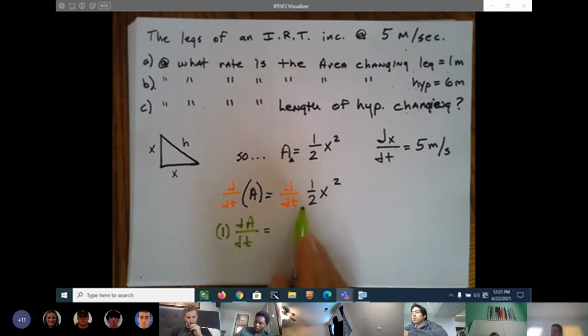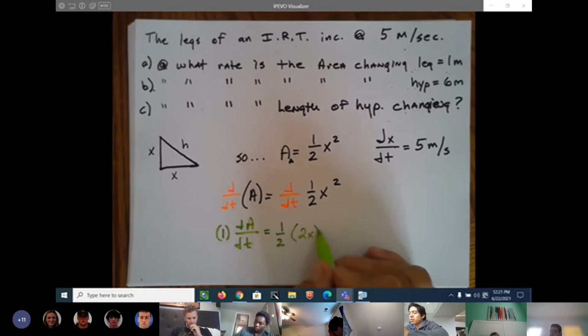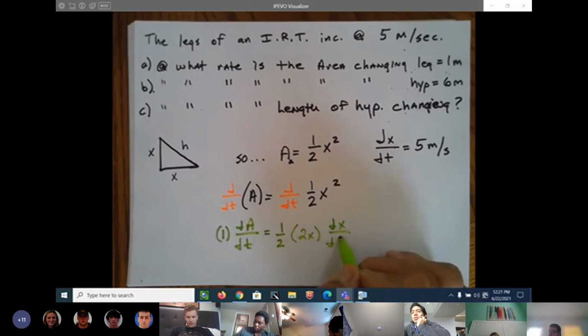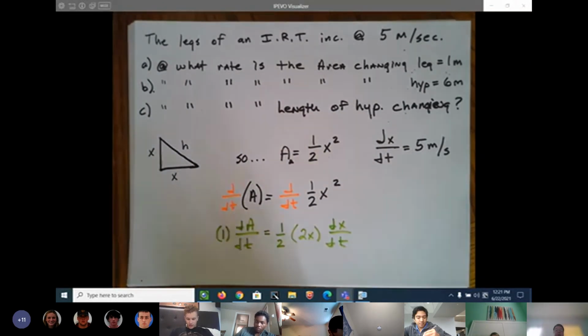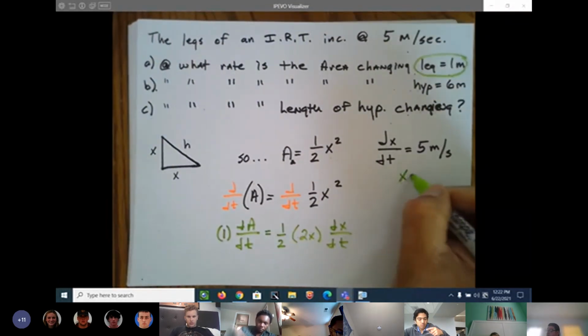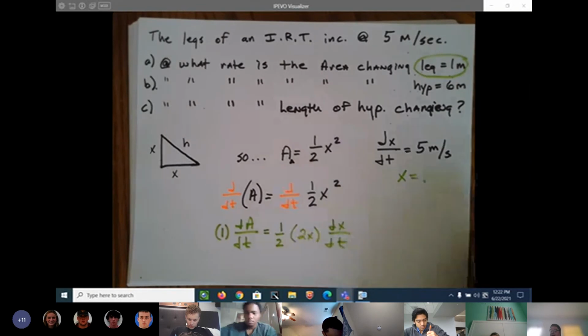Is equal to, well, 1/2. I really don't worry about the 1/2, I just pull that out. And 2x. And what's left? D what? Now, it looks like to me you need to simplify and plug and chug. Do it, see what you get.